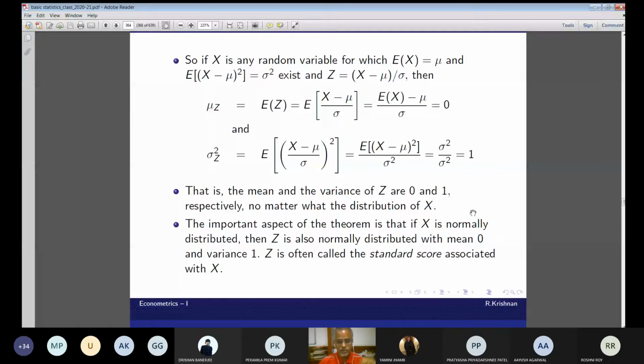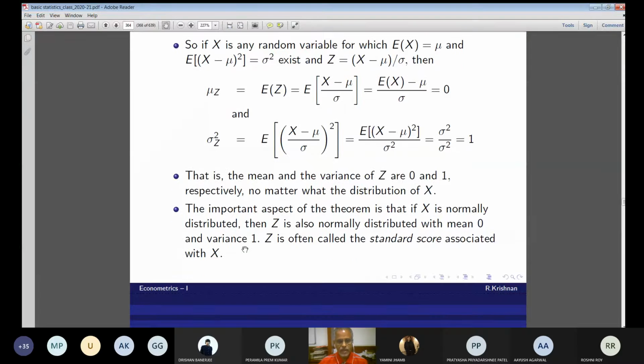So the mean and variance of Z are 0 and 1, no matter what the distribution of X. So we can always standardize any distribution by subtracting the mean and dividing by the standard deviation. The important aspect of the theorem is that if X is normally distributed, then Z is also normally distributed with mean 0 and variance 1. Z is often called the standard score associated with X.